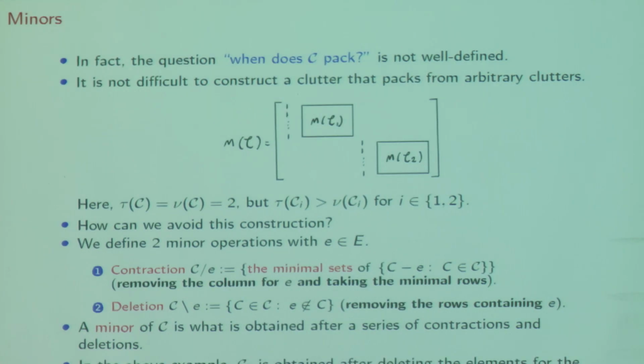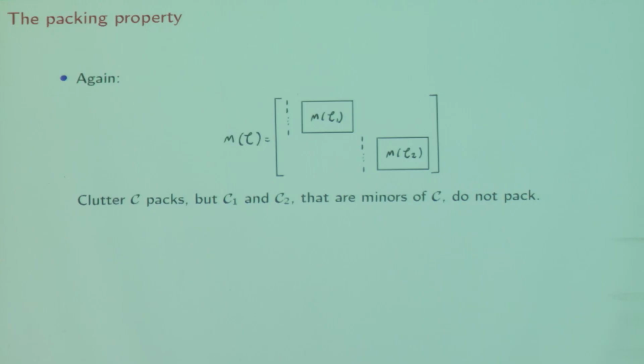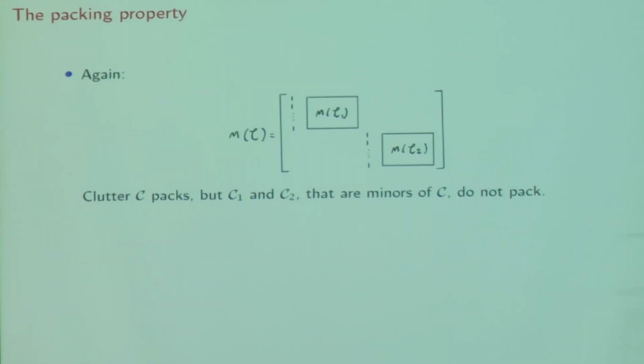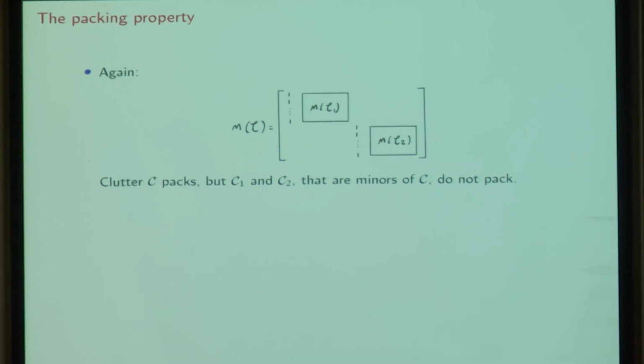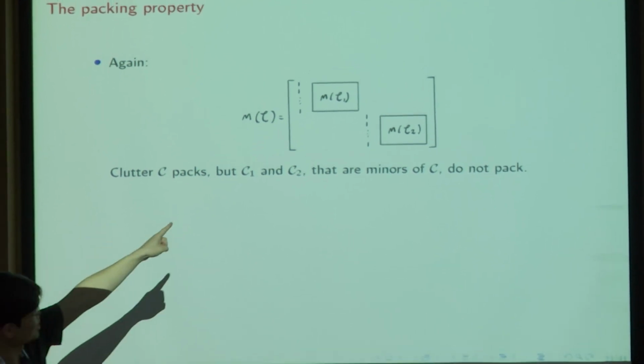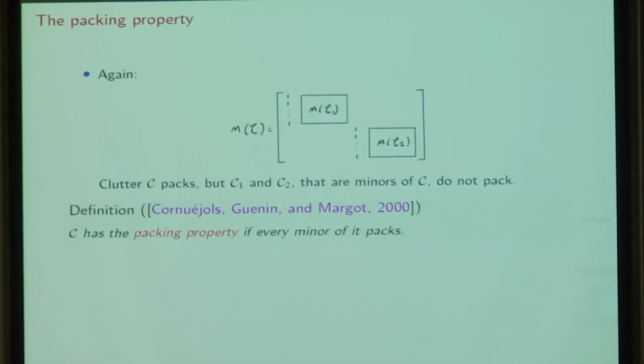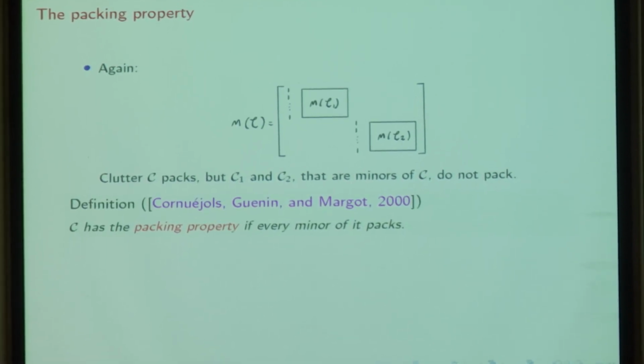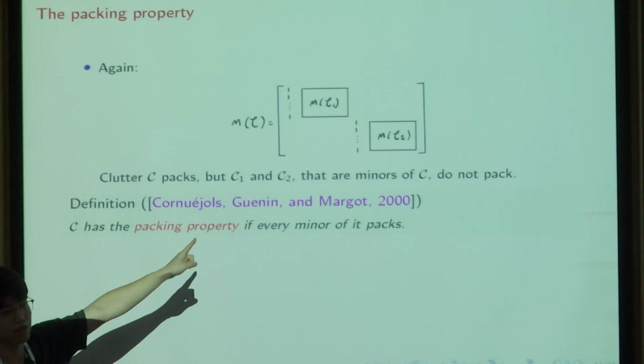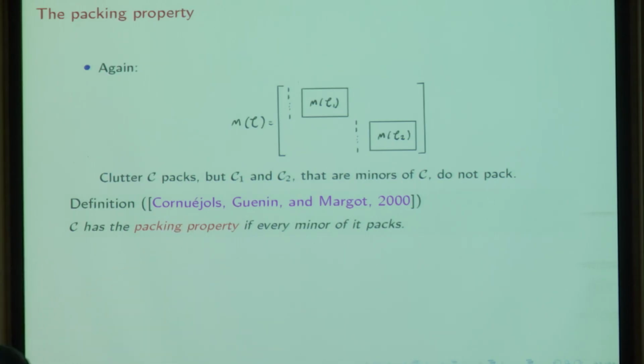Again, this example has C1 and C2 as minors. So a more meaningful definition is the following. A clutter has the packing property if every minor of it packs. This is how you avoid this construction, if C1 and C2 do not pack.